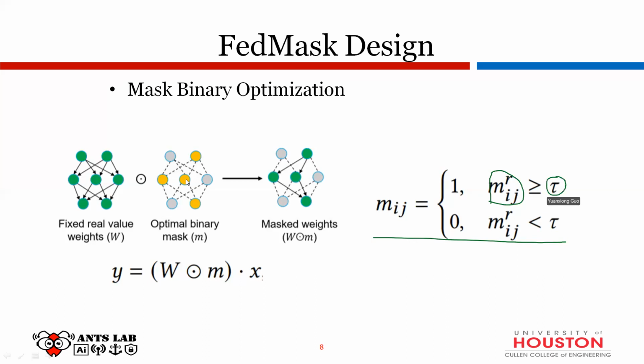They don't define the mask based on the neurons, according to my understanding. What this equation shows us is, if the value is larger than something, is this the mask value or the neuron value? This is the neuron value.